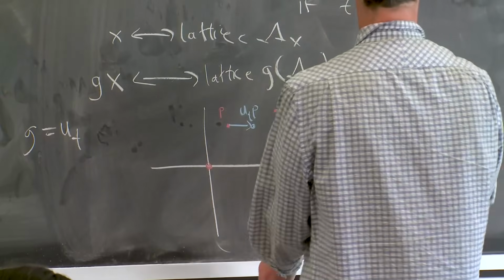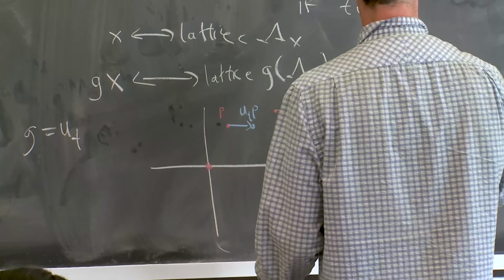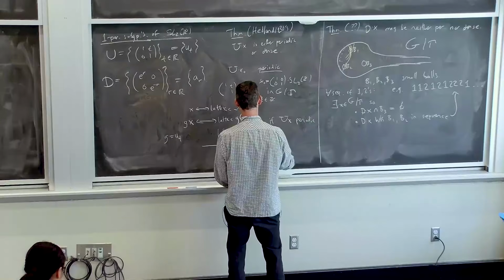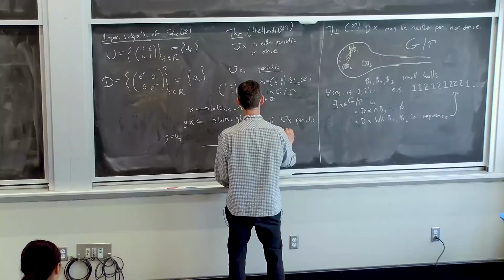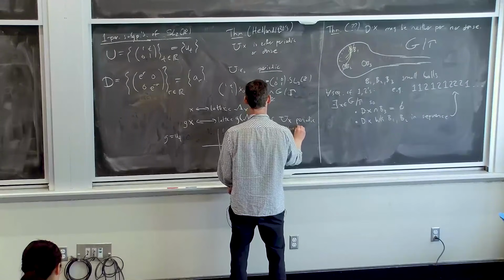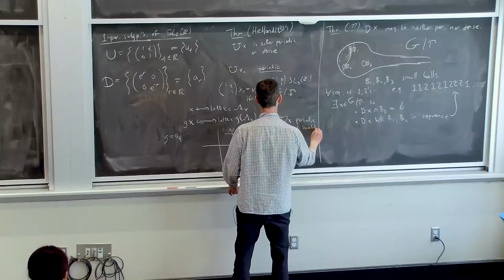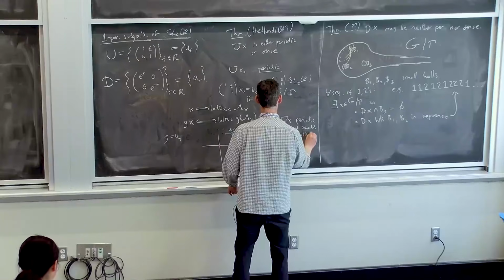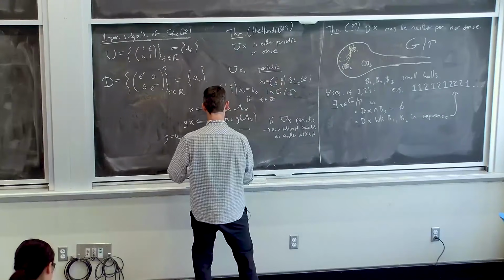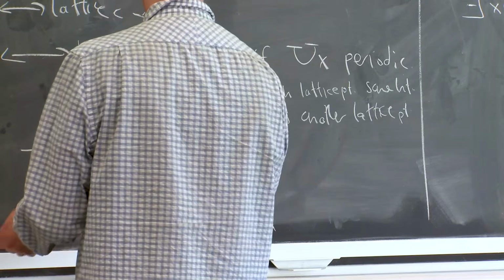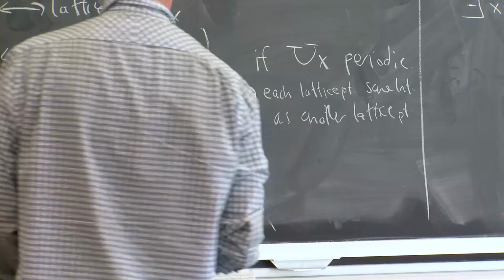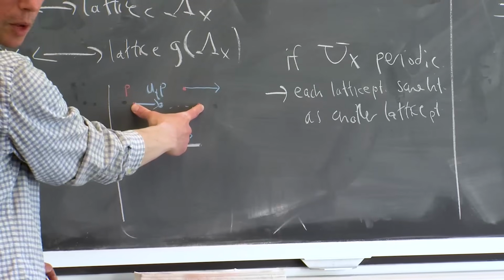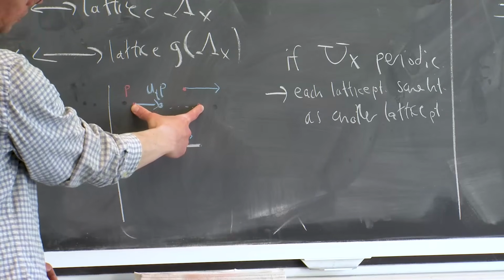So if ux is periodic, that implies that each lattice point is at the same height as another lattice point. So there must be another lattice point somewhere over here. But now think about this. This difference is also in our lattice, because the lattice is a subgroup, and this distance is horizontal.